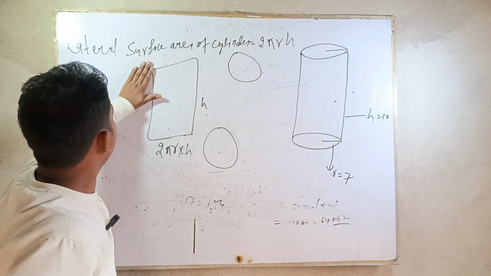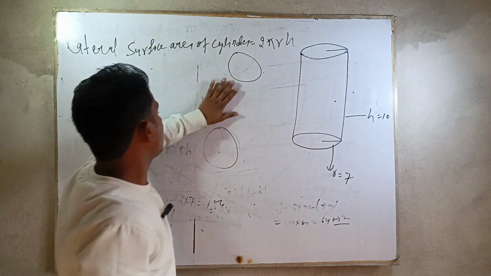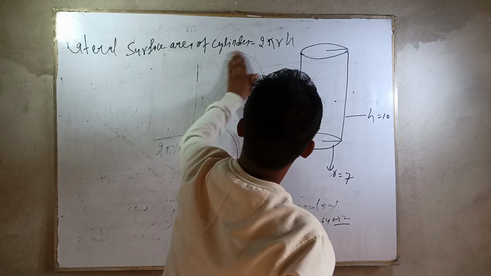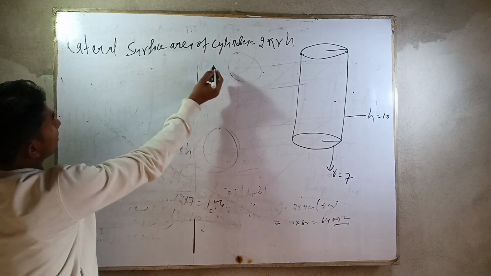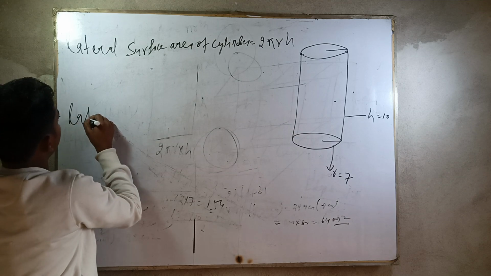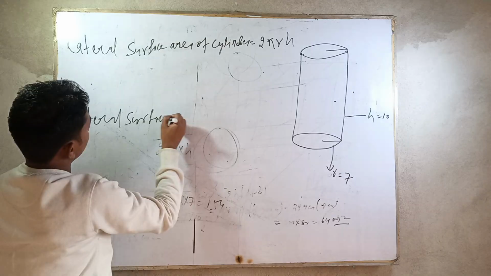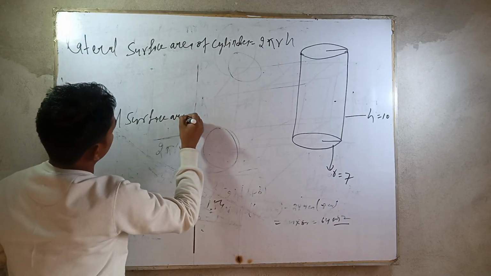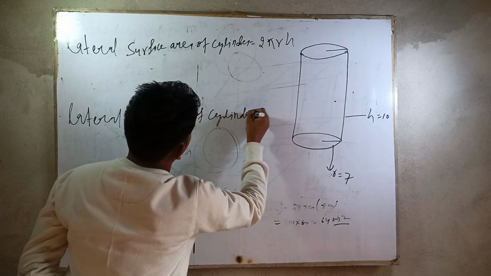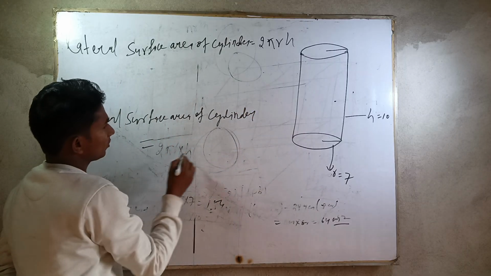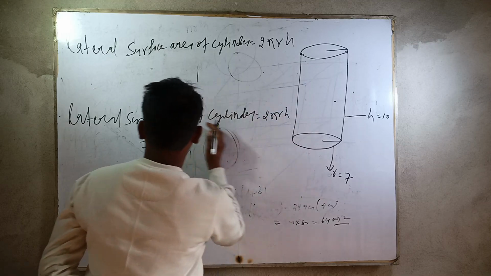Lateral surface area of cylinder is equal to 2 pi r h.